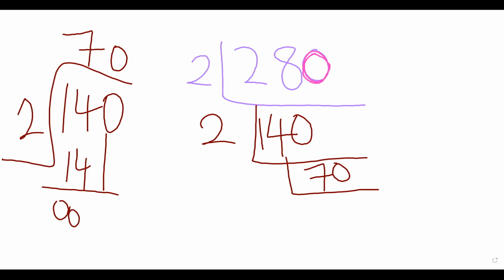Now here we have 140. Give me a prime number that you can divide 140 on. You say 2. Then 140 divided by 2 is 70. Now give me a prime number that you divide 70 on. You say 70 is 10 times 7. So which one is the prime number?